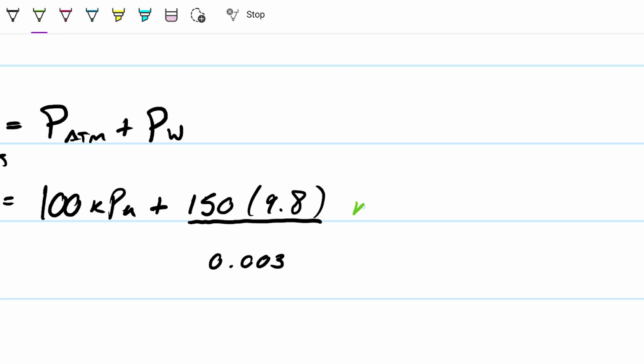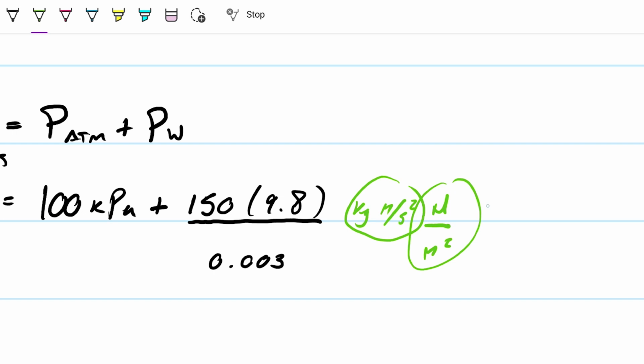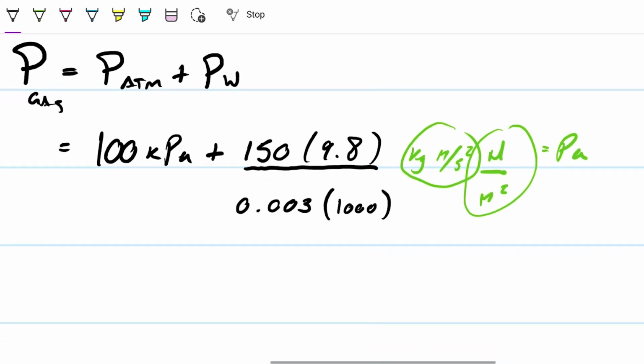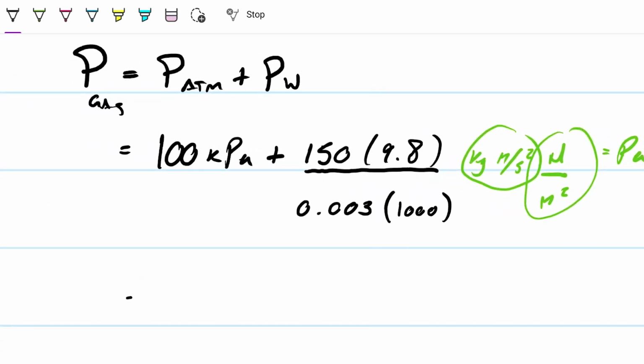We have kilograms times meters per second squared, and this is the same thing as a Newton, and then we're dividing that by meters squared, and this is the same thing as a Pascal. So if I want to keep this in kilopascals, which makes sense because I'm trying to sum with kilopascals, I need to divide the whole thing by 1,000.